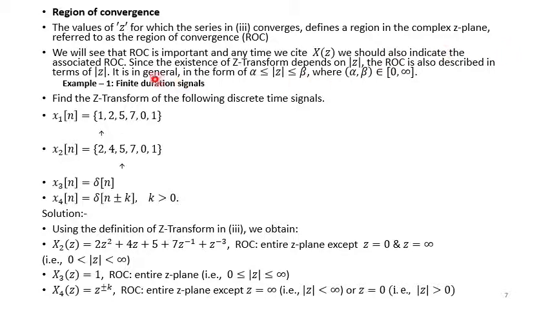Because the Z transform depends on the absolute value of z, or we can straight away say that the value of r, in fact, then the ROC is also described in terms of absolute of z. It is in general in the form of absolute of z is greater than or equal to some variable a, and is less than or equal to some variable b, right? And they can have values between 0 and infinity.